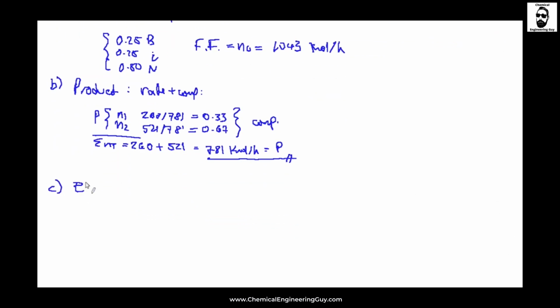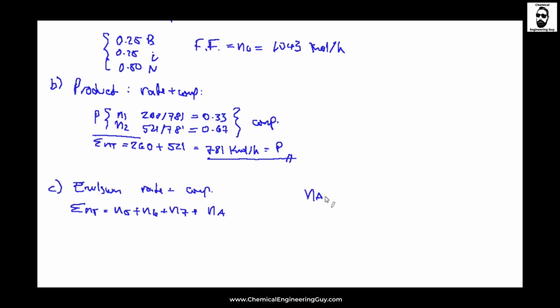The emulsion. We need rate and composition. So the total amount of moles, I told you, is N5 plus N6 plus N7 plus moles of acid. How do I get the moles of acid?